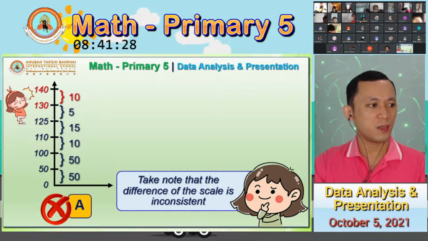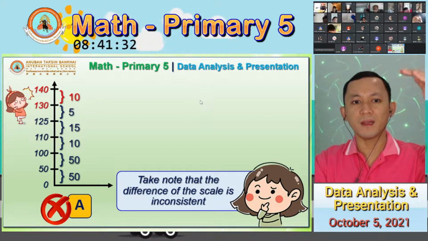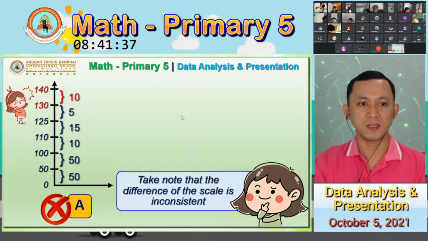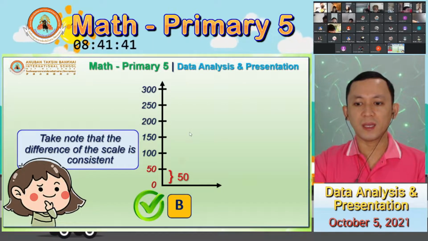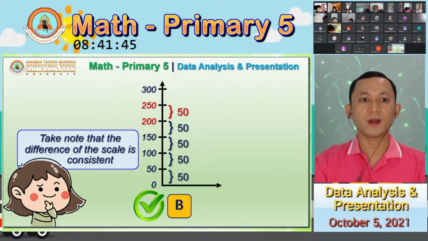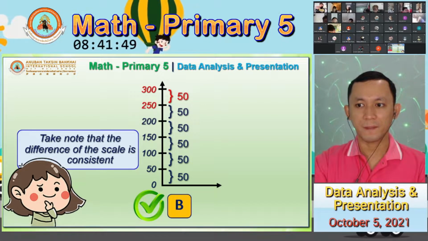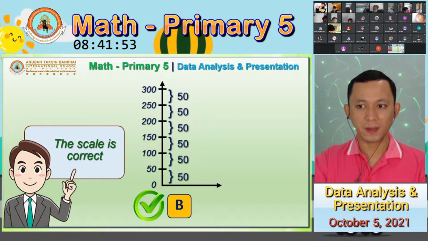The interval, the difference, they are not the same. However, in letter B, you can see that all the intervals are consistent. They are all equal to 50. So the scale is correct.